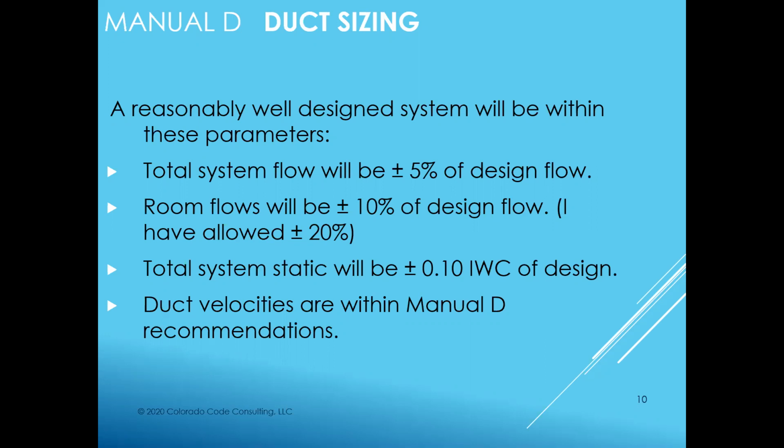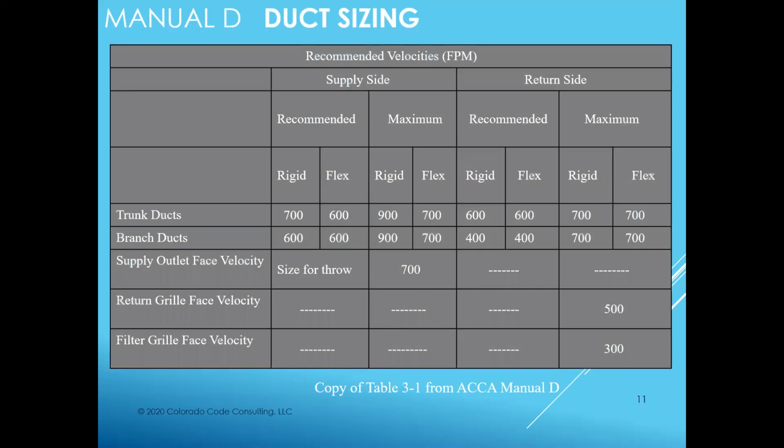Your total system static, which we'll get into, will be within about 1/10 of an inch of water column, and duct velocities, and that's the thing that makes the noise, that's what you hear, are within what we call Manual D recommendations. The beauty of it is, now this is just a table I recreated out of Manual D. It gives you some recommendations on what supply side and return side velocity should be.